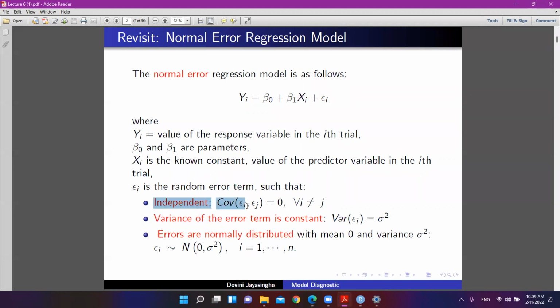But if the errors are not independent, we cannot go for regression. If these two happen, we can do transformations and look at other ways. It doesn't have to be linear all the time. There could be non-linear relationships as well, so we can trial and error these things.